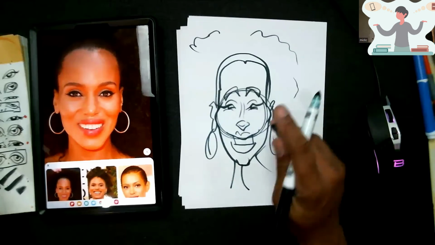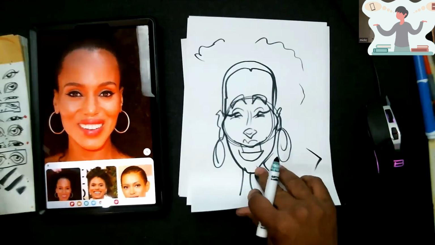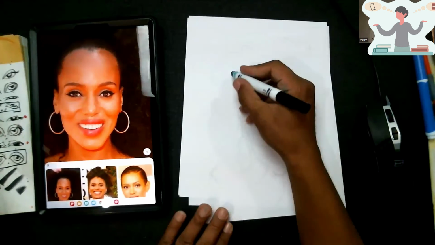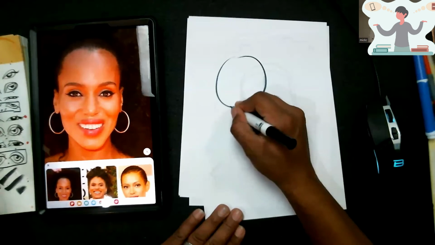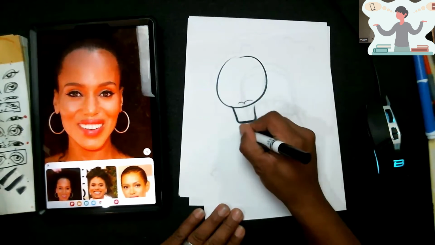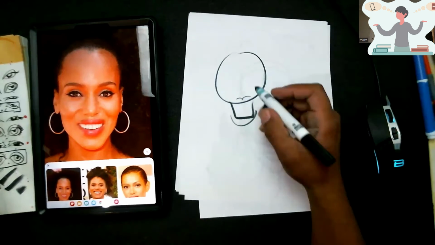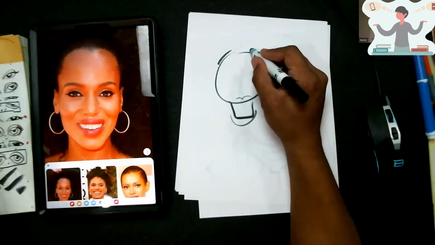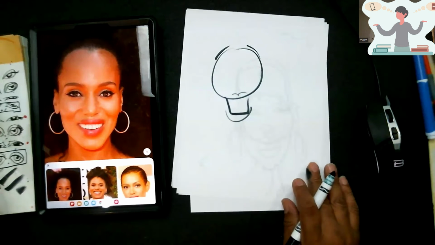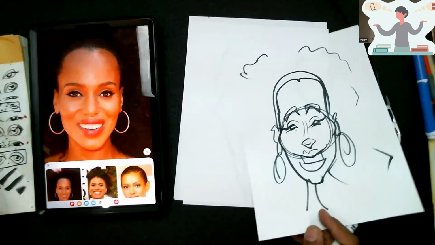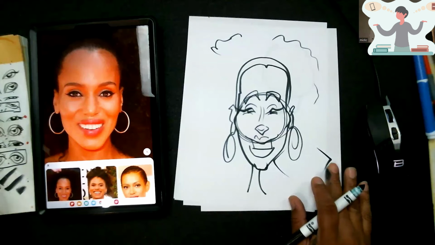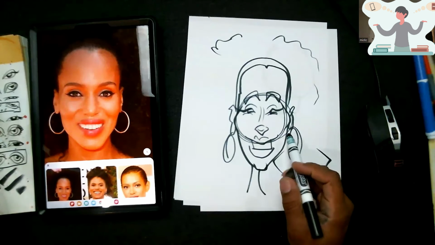It's a circle with a circle with a mouth hanging off of it. I'm just looking at the line from the nose, it's the cheek, really, isn't it?